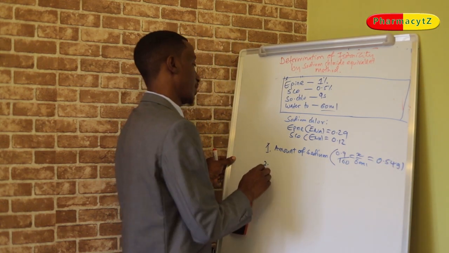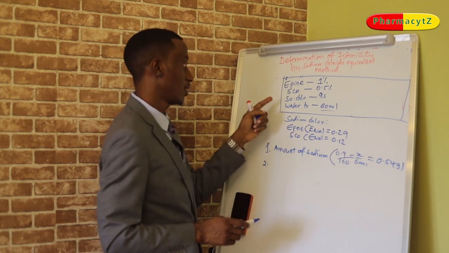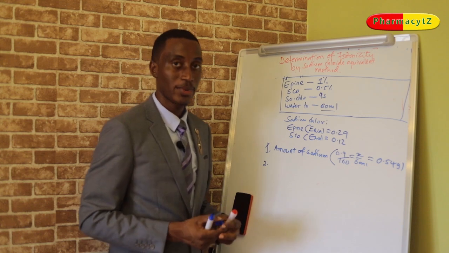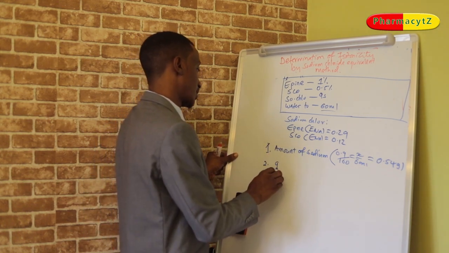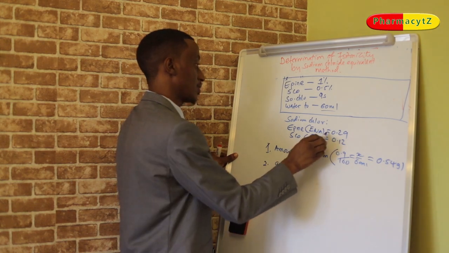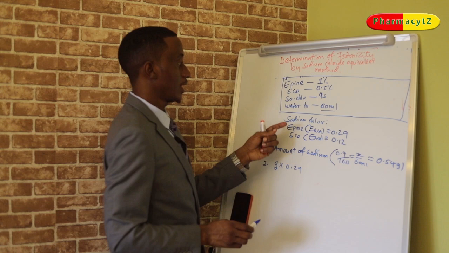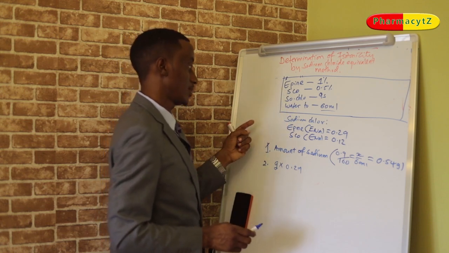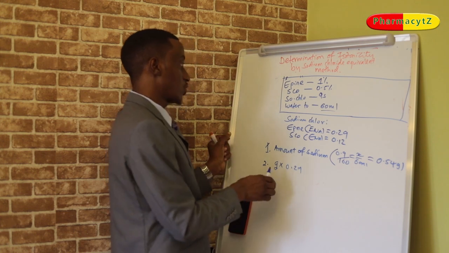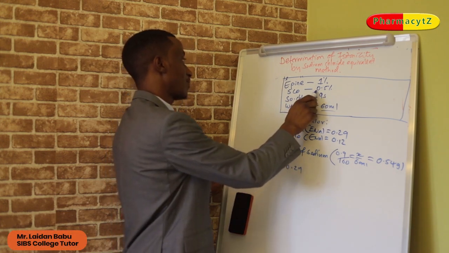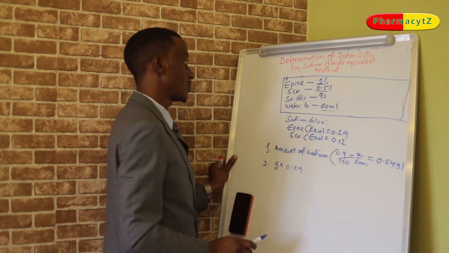Then step 2, find the sodium chloride equivalents of the ingredients in the preparation, epinephrine and scopolamine. How do you do it? You take the quantity in grams times its sodium chloride equivalent. Mind you, here we have 2 ingredients, so we need to find the equivalents for both, then sum them up. But in this case, we have not been given the quantity in grams, instead the percentage strength.